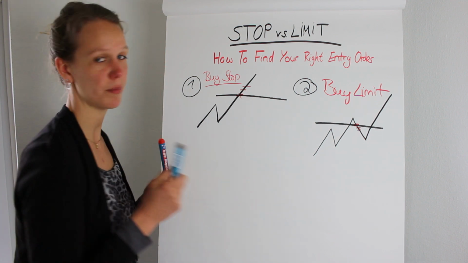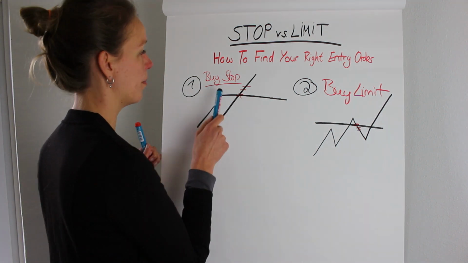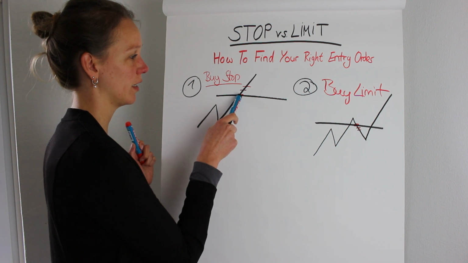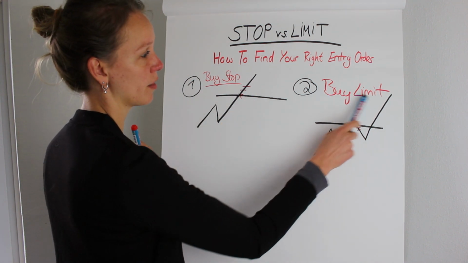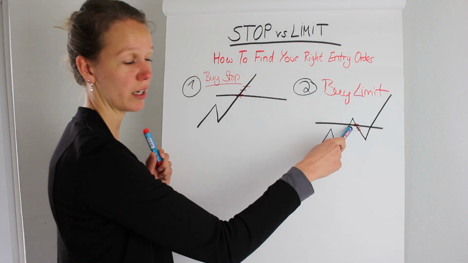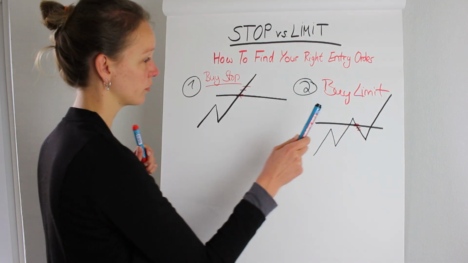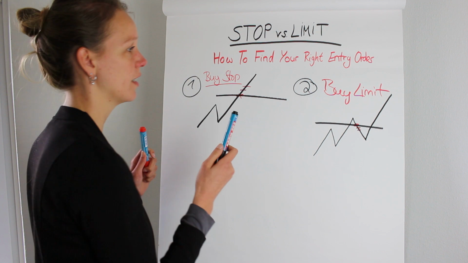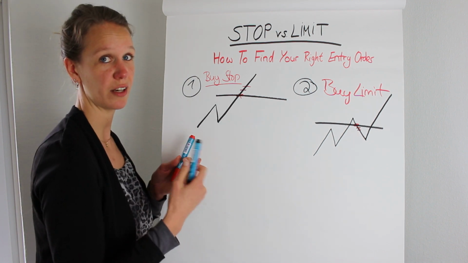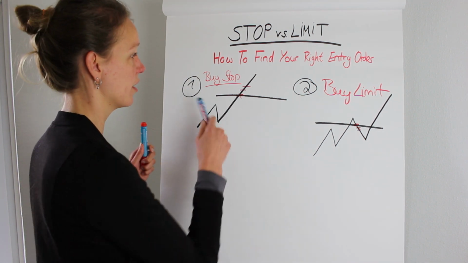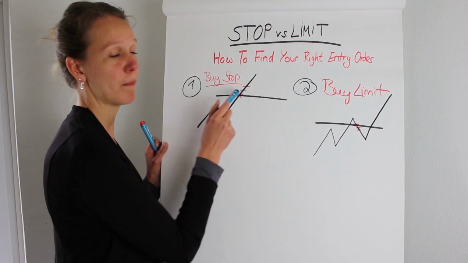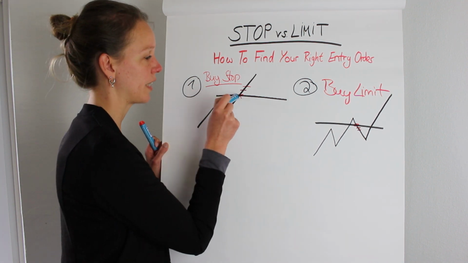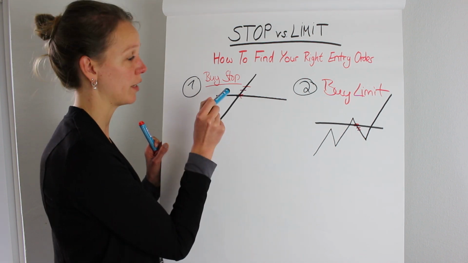So you see there's a big difference, because with the buy stop you get the market at the level you marked or even higher. With the buy limit you get the level you marked or even lower. So you see there are different cases, and of course there are advantages and disadvantages. This kind of stop order gets you into the market, you make sure you get into the market right away.